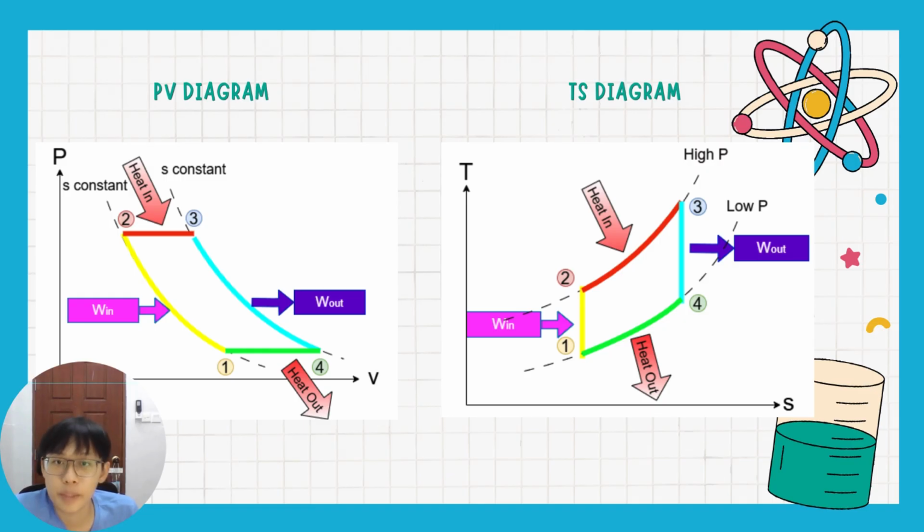So this is the PV diagram and TS diagram, where 1, 2, 3, 4 are the same as the cycle we just discussed.